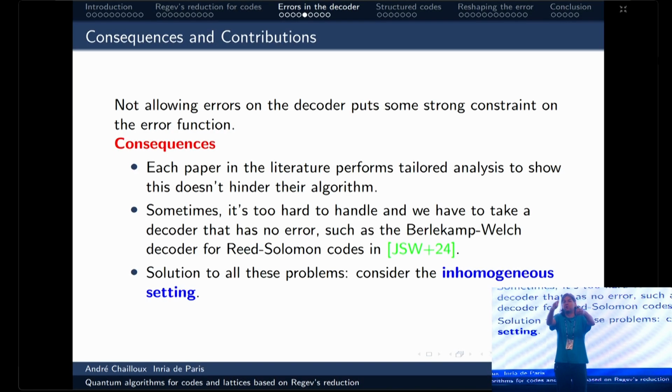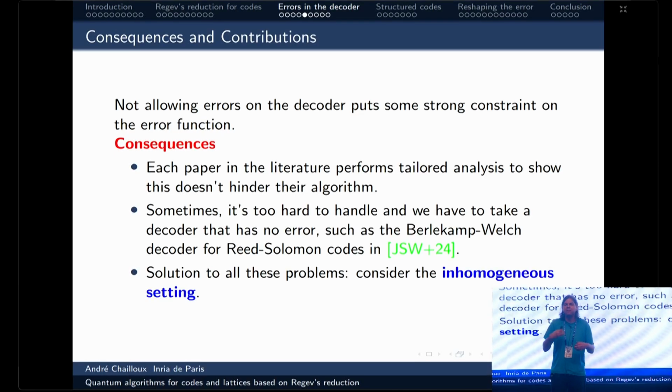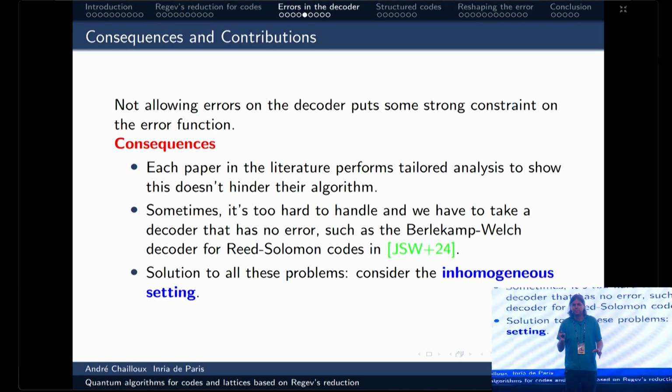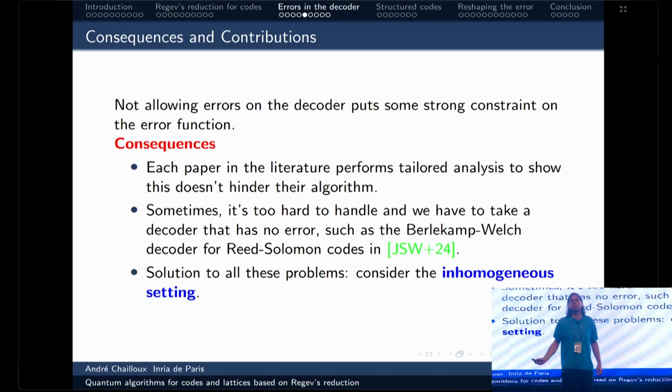You really need the balls around the code words to be totally disjoint. So even from an information theoretic point of view, not even talking about efficiency, having a decoder that works with probability 1 limits the error distribution to errors of at most d over 2, where d is the minimal distance of the code.